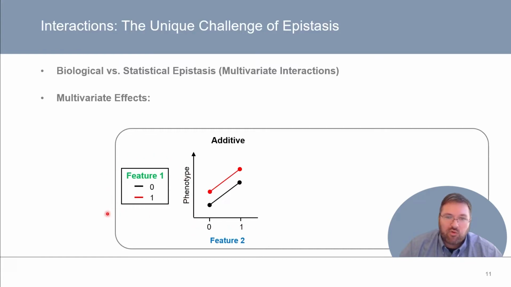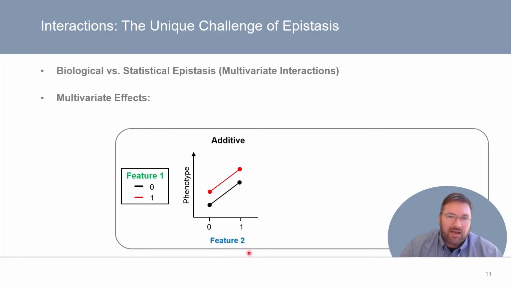Feature 1, in green, has its values represented in the plot by the colors red and black. And feature 2, in blue, has its values represented in the plot along the x-axis. The y-axis is the phenotype or outcome which we're trying to predict. The 4 dots on the plot represent the phenotype value, let's say something like patient height, given the corresponding values of feature 1 and feature 2.